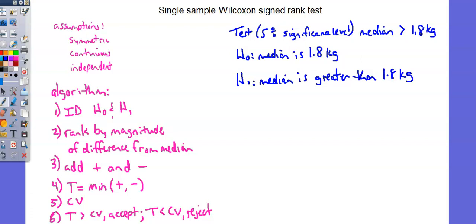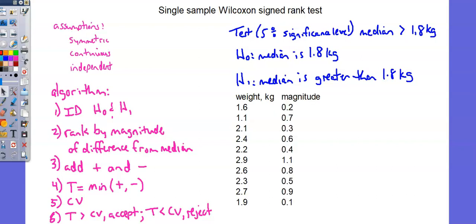Now I'll bring in my data, and I'm going to use the data to, step 2, rank by magnitude of difference from the median. These are the magnitudes, and to be clear, these are coming from 1.8 minus each weight, taking the absolute value of those differences.